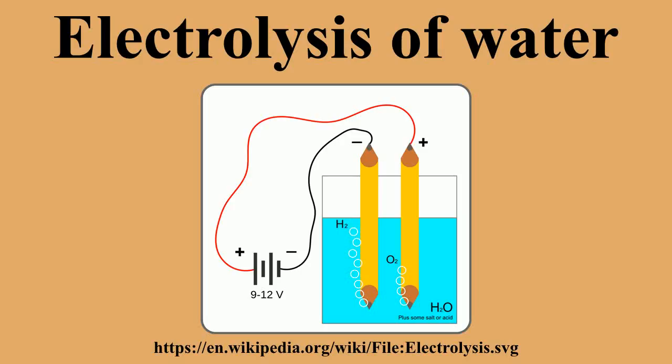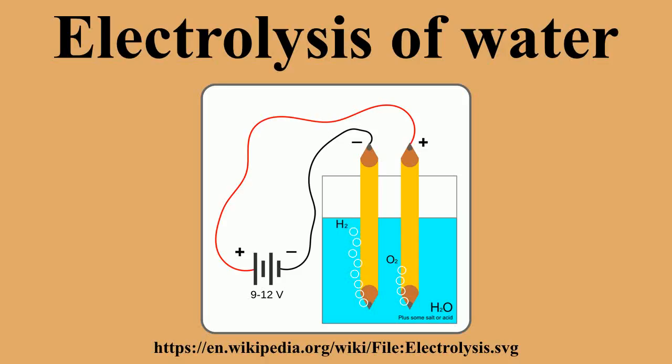Thermodynamics. The electrolysis of water in standard conditions requires a theoretical minimum of 237 kilojoules of electrical energy input to dissociate each mole of water, which is the standard Gibbs free energy of formation of water. It also requires energy to overcome the change in entropy of the reaction.